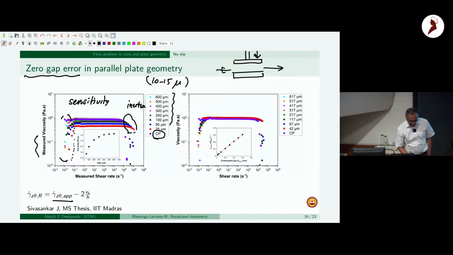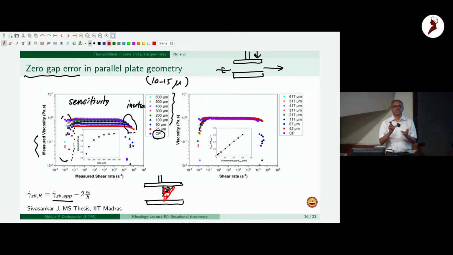A similar equation applies. What the instrument thinks is that it is applying this shear rate, but actually what it has applied is this shear rate. So the two shear rates are different, and we need to correct for that, given the gap error between what the instrument thinks is 0 and what it actually is.